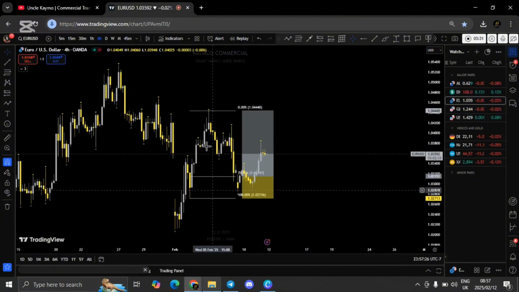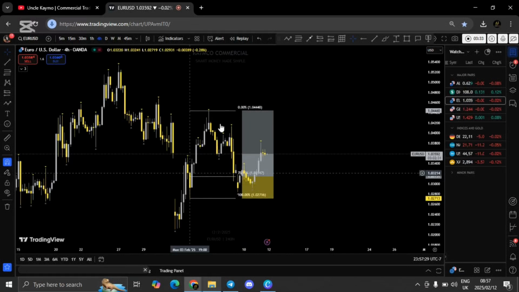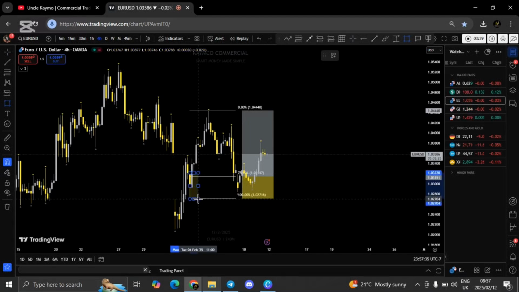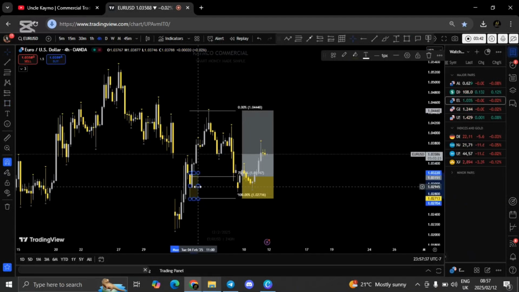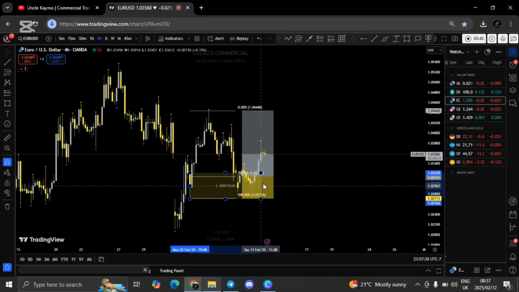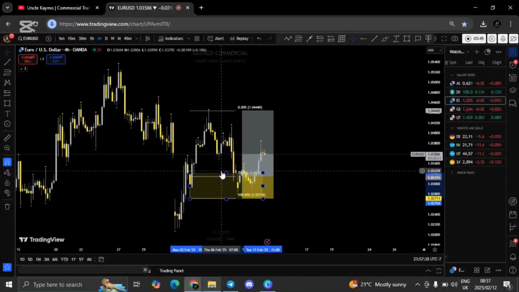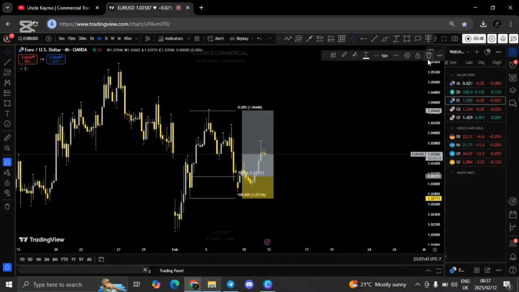This was an order block on a 4-hour time frame, so I couldn't enter off that order block, so I had to enter off the 75% Fibonacci zone. For now, let me let price play out on GBPUSD.